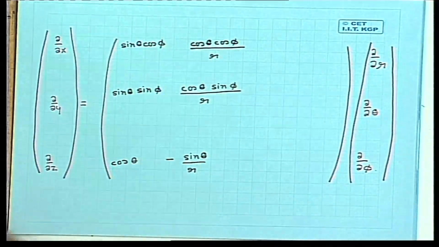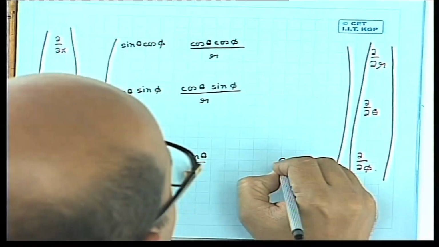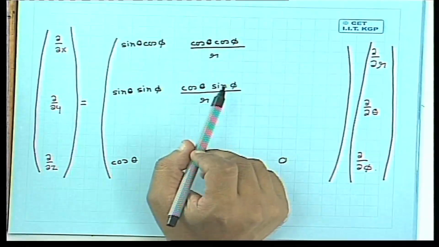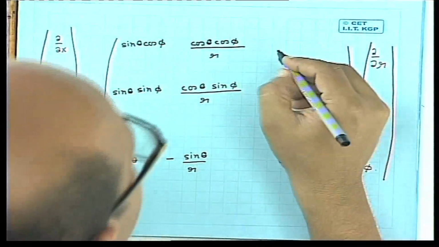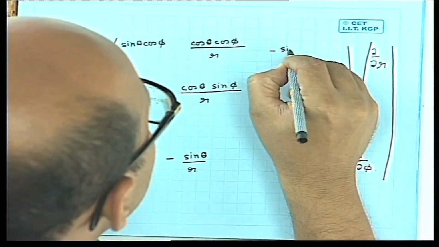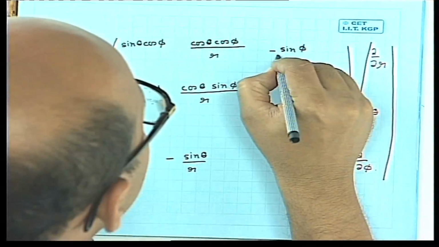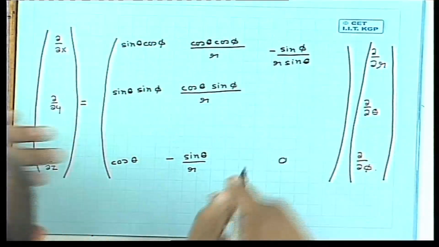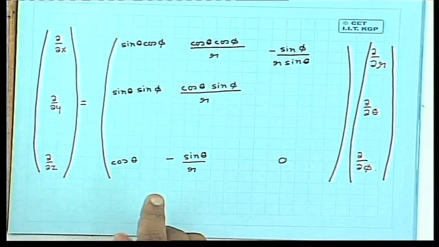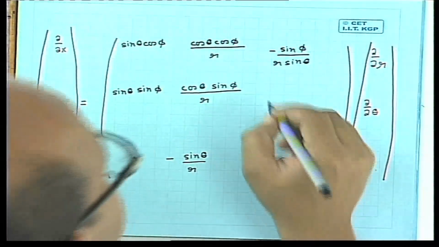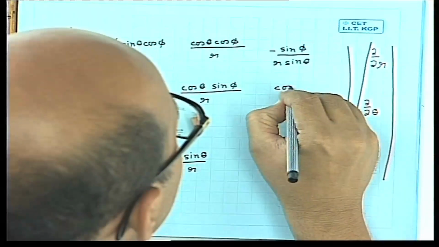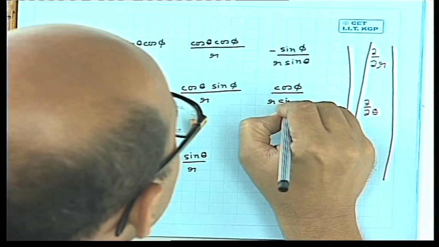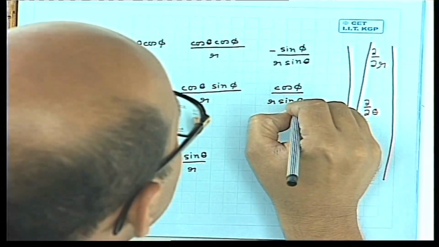And the last three terms, we know that this one is 0, and del phi del x is minus sin phi by r sin theta, and the next one is cos phi by r sin theta.